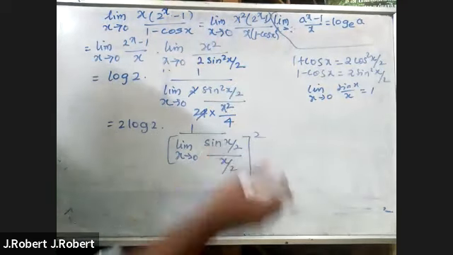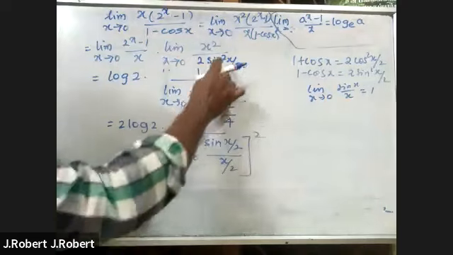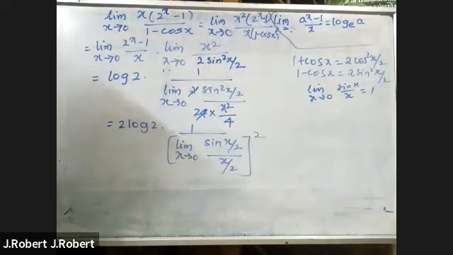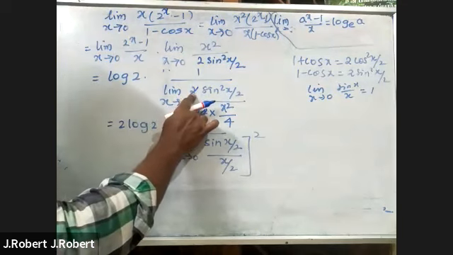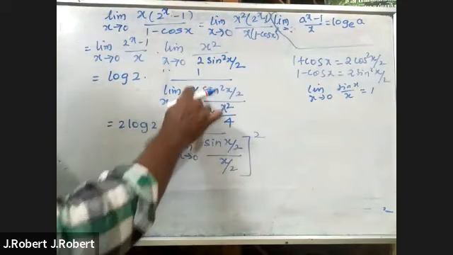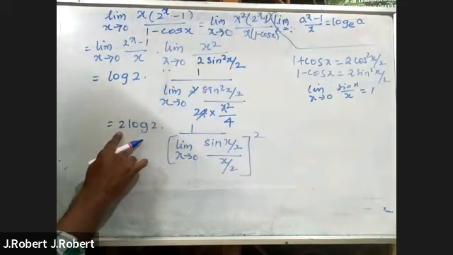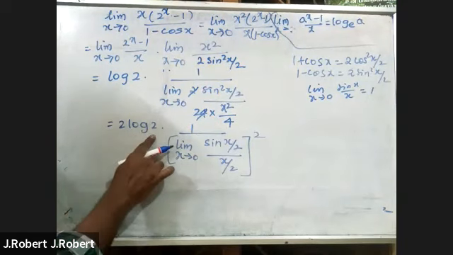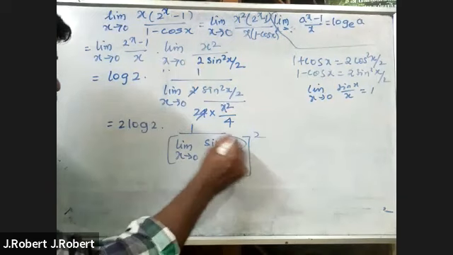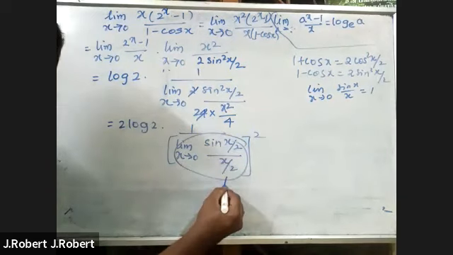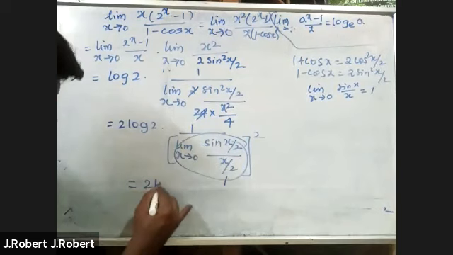I want x square by 4 in the denominator, but we have only x square. So we divide by 4 and multiply by 4. Already 2 is in the numerator, we cancel and get 1 by 2, which becomes a reciprocal, 2. So we have 2 log 2 times 1 divided by limit x tends to 0 of sin x by 2 over x by 2, whose value is 1. Therefore 1 by 1 is 1, and the answer is 2 log 2.